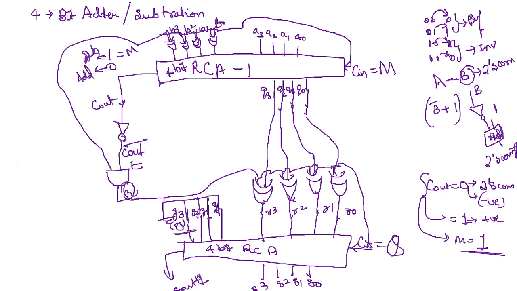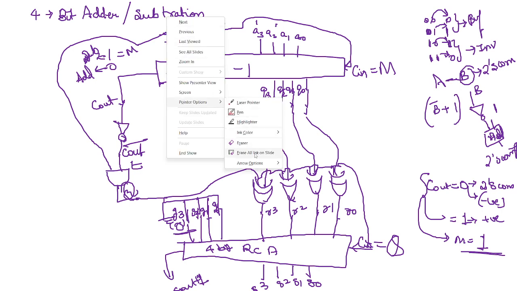Hello, ma'am. Yes, please. Ma'am, could you please explain if you're using this circuit for addition and the A and B inputs are all ones, I mean, four ones, four ones? Okay, I will change maybe the pointer color once.